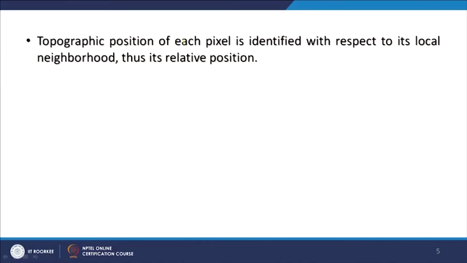The topographic position, that is whether it is a convex area or concave area, for each pixel is identified with respect to its local neighborhood. Also in the previous discussion we talked about using a three-dimensional 3x3 matrix or kernel and finding out the relative position in the surrounding neighborhood. If in a neighborhood we find that there is a depression, that means the center value is less.